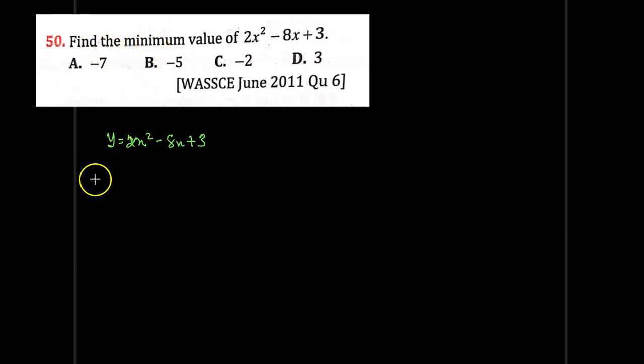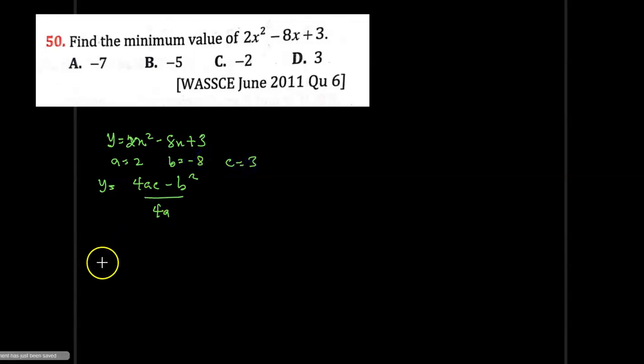So going straight forward, we know the expression to determine the minimum or maximum value, which is y equal to 4ac minus b squared all over 4a. And with that, from our function here, a value is 2, b value is negative 8, and c value is 3. So let's substitute.